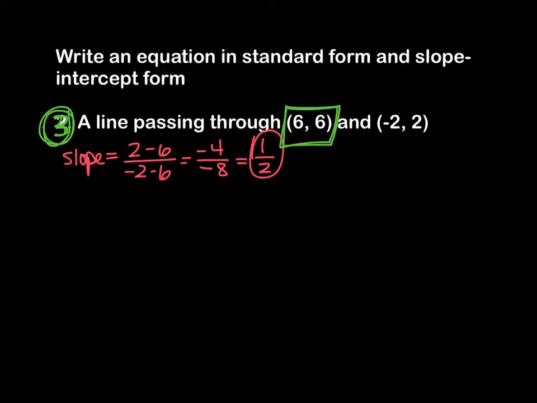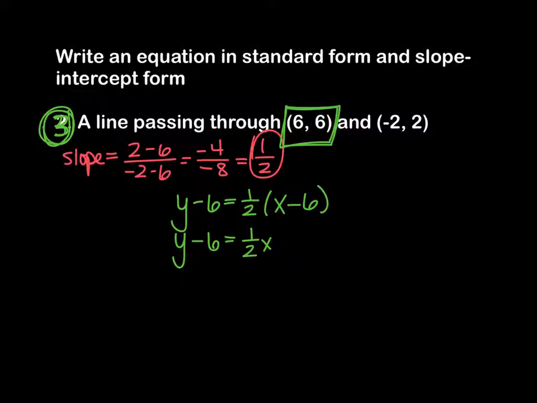So I'm going to start in the same place that I did last time. So I'm going to do y minus 6 equals 1/2 x minus 6. And now, remember, before we can start writing either form, we've got to distribute. So y minus 6 equals 1/2 x.